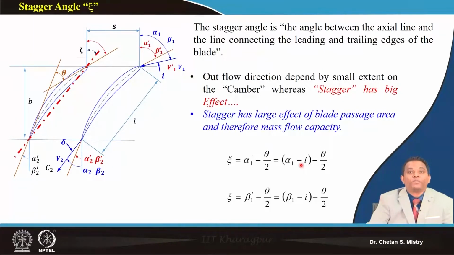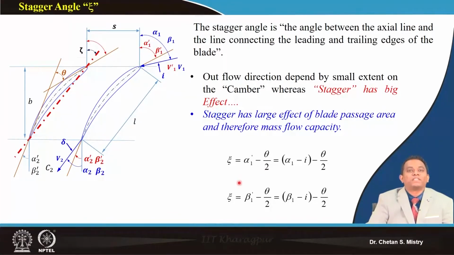Do not get confused here, minus theta by 2. There is a lot of discussion going on about whether to consider theta by 2 or theta by 3, but conventionally, for our understanding and for the initial stage of our calculation, we calculate our stagger angle based on this equation. This gives us an idea of what is happening with the stagger angle.